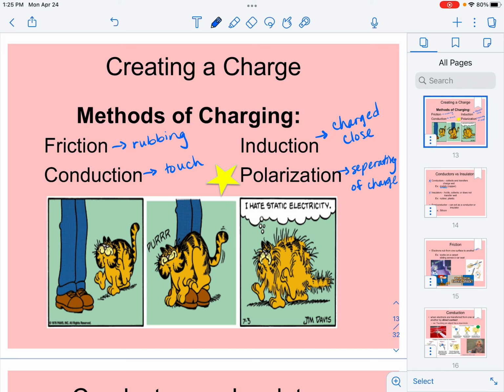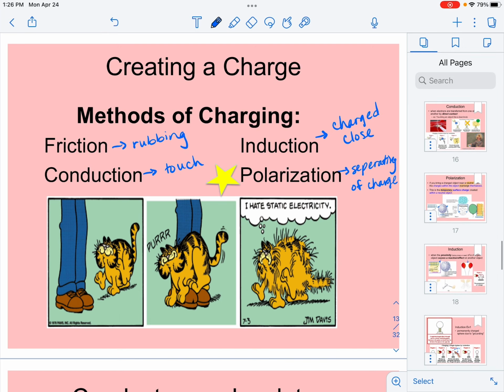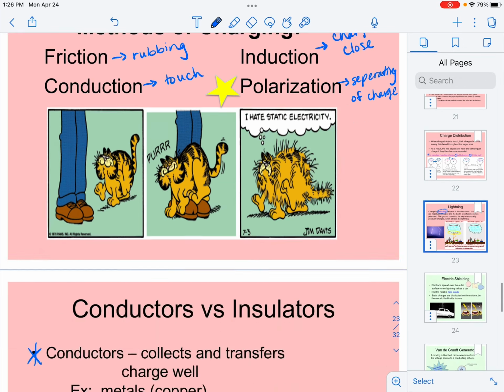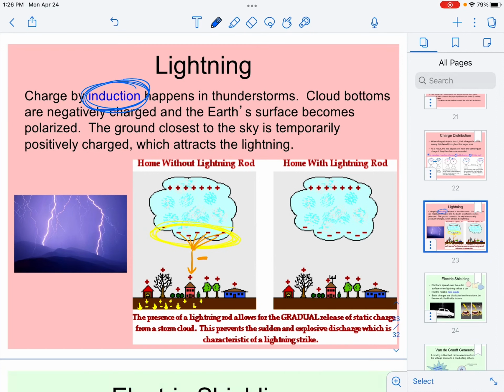So induction is an object that is already electrically charged and just simply is brought close enough to create a response. It does not interact physically by touching, and the electrons are actually not going to relocate. That object is still just charged because it didn't touch anything. Those electrons didn't get to go anywhere. If the charge is strong enough, those electrons can jump to the other object, and that is what happens in lightning.